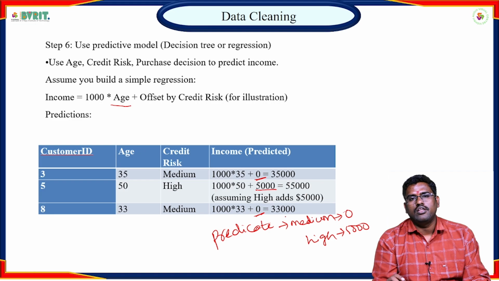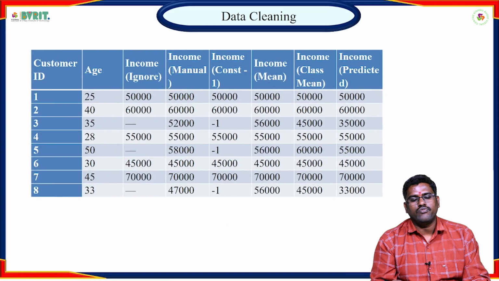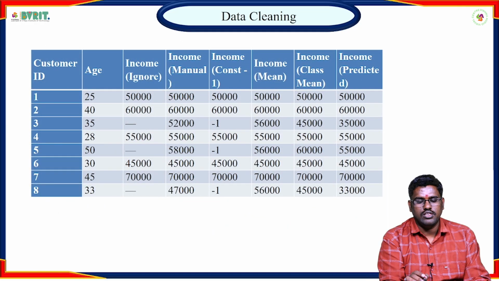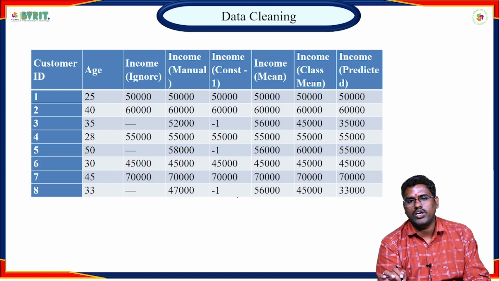So the next step, we need to replace the values. So for that we are replacing the values. This is our existing table value. Manually we are replacing this value with 45, 52, 58 and 70, 47,000 manually. Next, constant -1 means the next step we have to replace all the values with -1. We are already done, and in this 56,000.